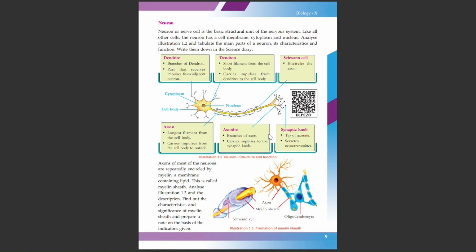Like all other cells, the neuron has a cell membrane, cytoplasm, and nucleus. Analyze illustration 1.2 and tabulate the main parts of the neuron and their characteristic functions. Write them down in the science aid. The neuron structure, I would say, is a little important. You have to know the structure, and it's very easy also.